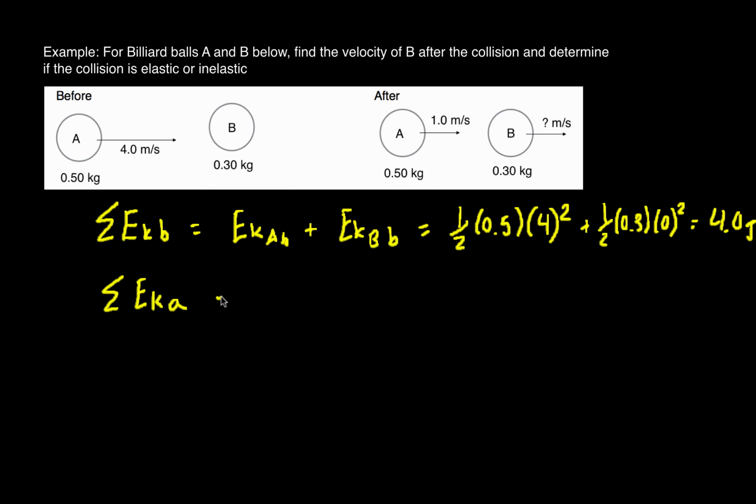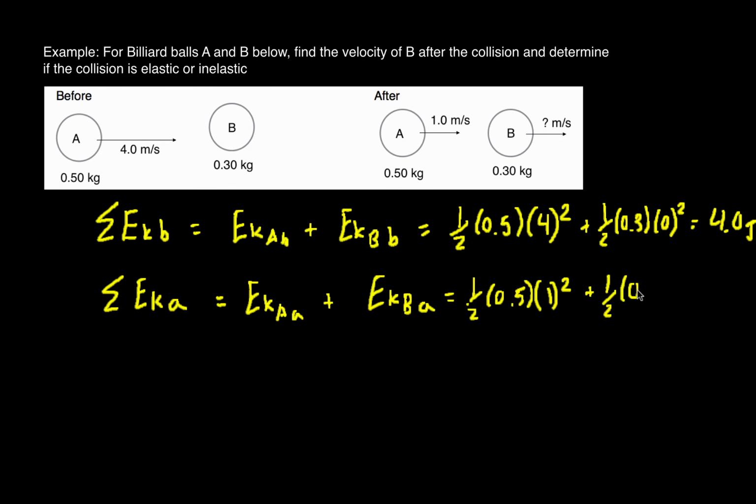After the collision, the sum of the kinetic energies is given by the kinetic energy of ball A after the collision plus the kinetic energy of ball B after the collision, which is 1/2 ball A's mass times its velocity after the collision squared, plus 1/2 ball B's mass, 0.3, times its velocity, which is 5, after the collision.